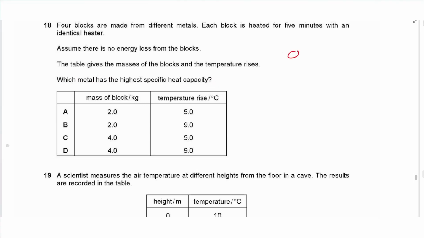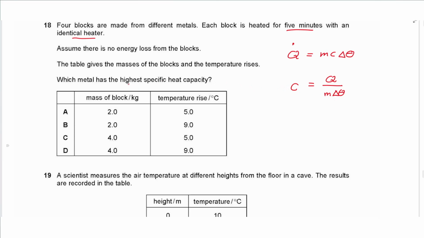So we have the equation Q equals mc delta theta or delta T. If we use the same time using the same heater, we have the same energy. And we want to calculate the specific heat capacity, so it's energy divided by mass and change in temperature.